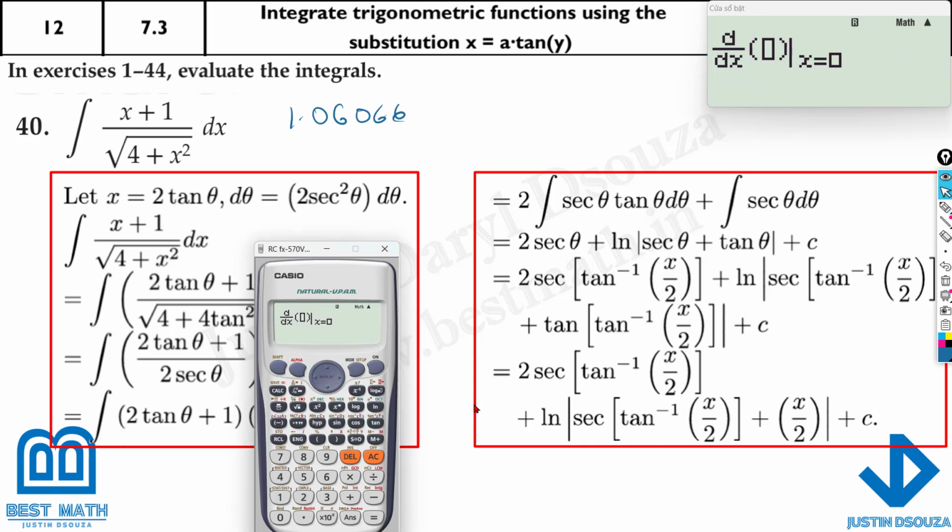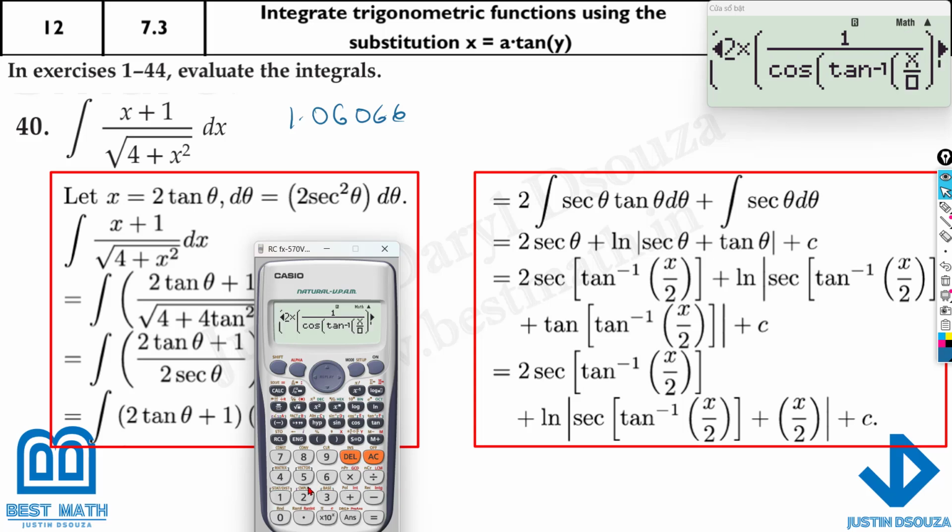Shift and d by dx. Let me write 2 multiplied by, what is secant? It's 1 by cosine. And then we have tan inverse. Shift and tan, and then put in x divided by 2. Close the bracket twice, because one for cosine, one for tan inverse, and then press next and close the bracket. Now there's no power, so just leave it like that.